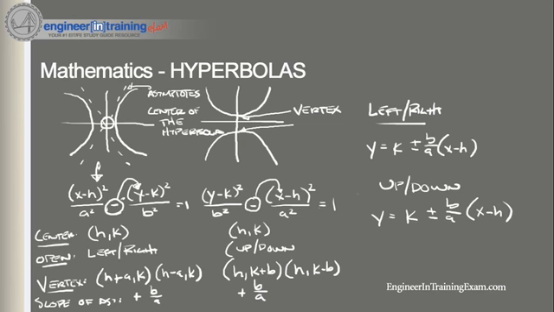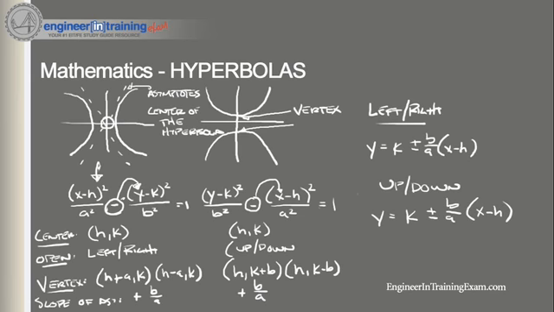So what you see now is that the hyperbolas definitely share many of the same characteristics, in the sense that they have the same slope for the asymptotes, the same equations for the asymptotes, and the centers are going to be the same. Now it's just how the general form is written that will determine whether the hyperbola opens right or left, or whether it opens up and down.